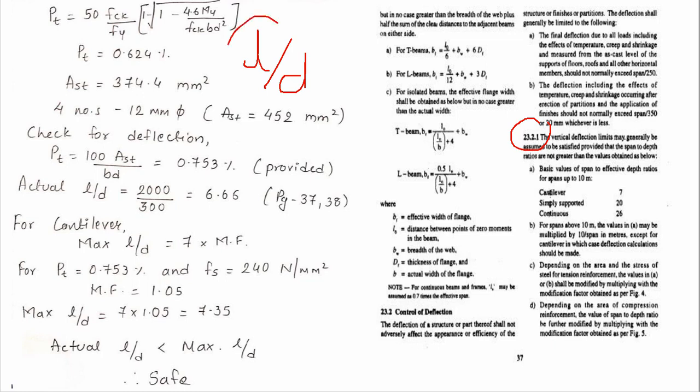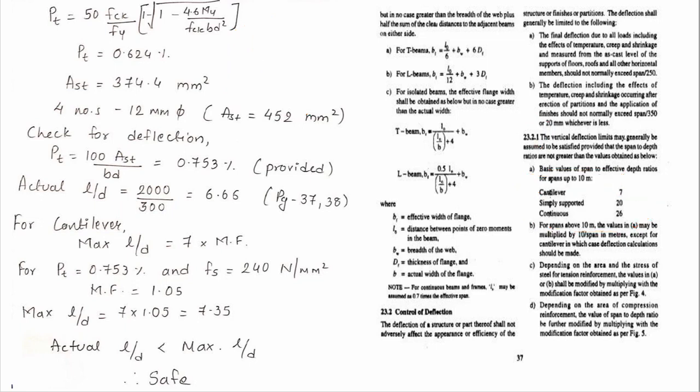This is the ratio we will deal with for our deflection check. In this table we are given three conditions: first for cantilever, second for simply supported, and third for continuous. Here the question mentions a cantilever, so we take the value as 7.